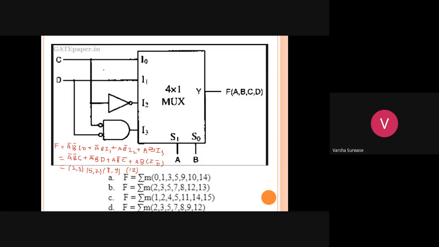Have you understood this equation? By using these inputs, calculate this equation. Now this is in terms of sum of products.